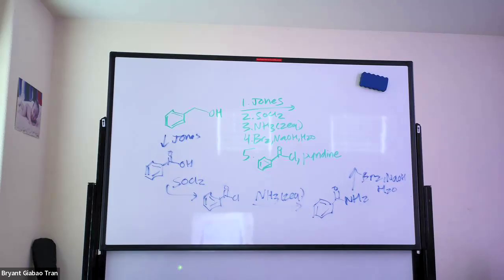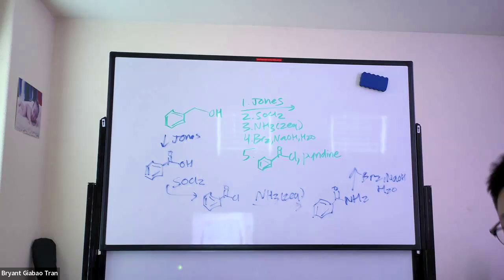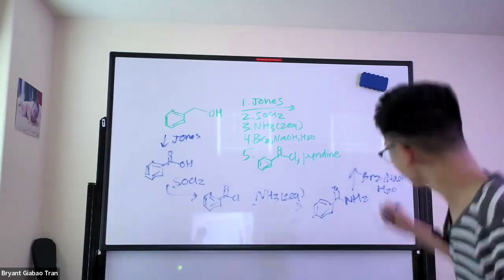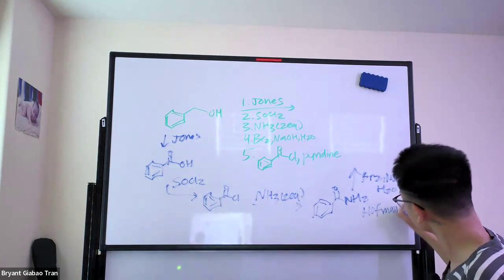But do we end up with an acyl bromide? No, we don't end up with acyl bromide. Does a bromine get added? No, no bromine gets added. Oh. I'll give you the reaction name and then maybe it will click. Hofmann rearrangement.